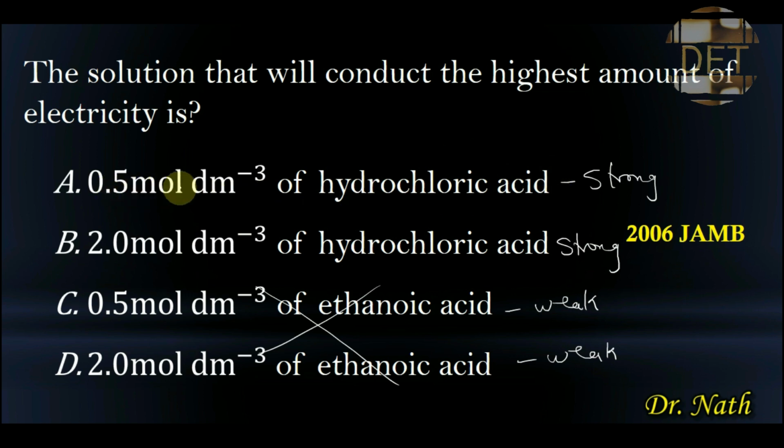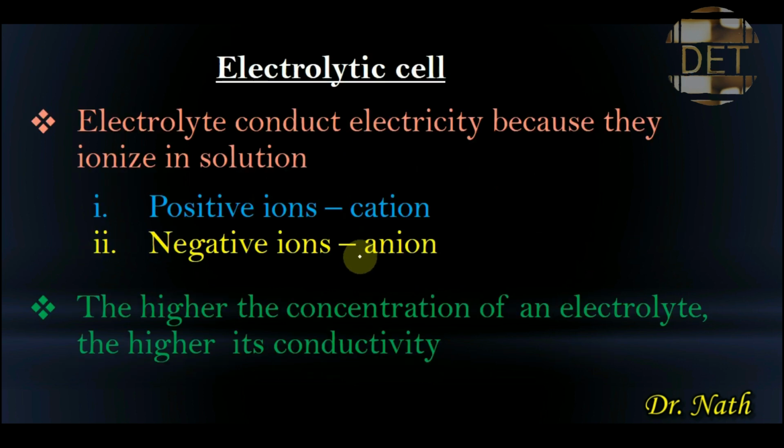So between 0.5 mole per dm³ of hydrochloric acid and 2 mole per dm³ of hydrochloric acid, which of them will conduct the highest amount of electricity? As we've discussed before, the higher the concentration of an electrolyte, the higher its conductivity, or the higher the amount of electricity it will conduct.